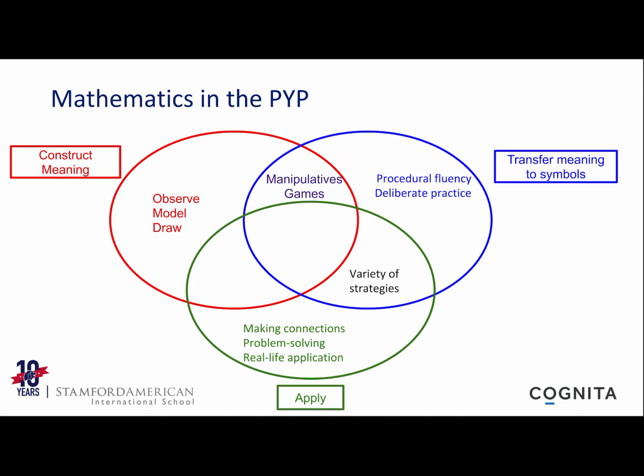Okay, we also plan opportunities for the students to apply their knowledge, and they apply their knowledge by making connections between mathematical concepts, by solving problems, and by connecting their knowledge and skills to the real world. So we give them real world math practice.